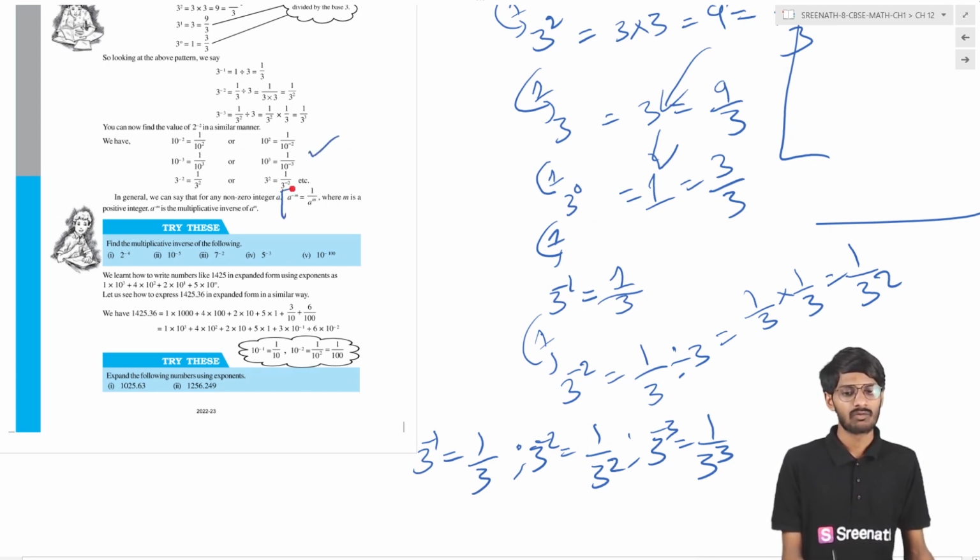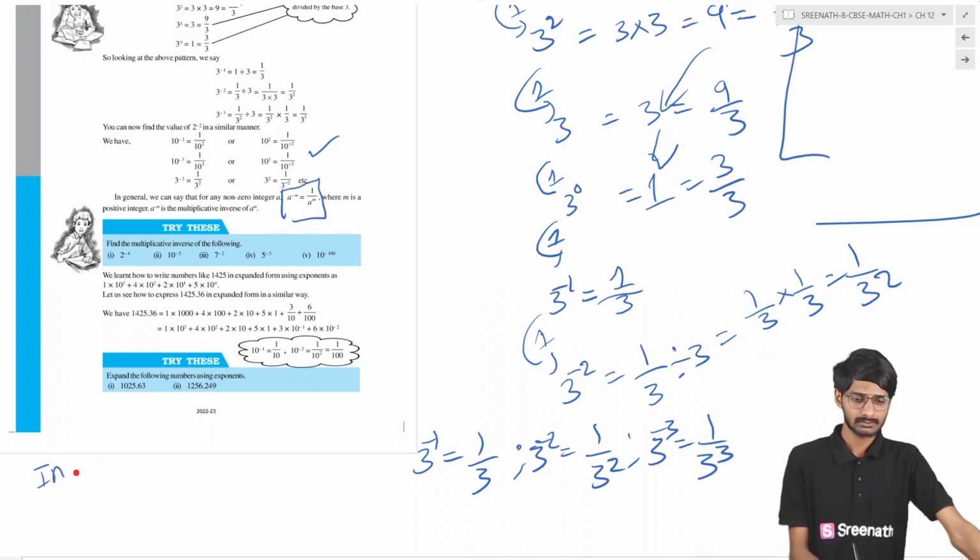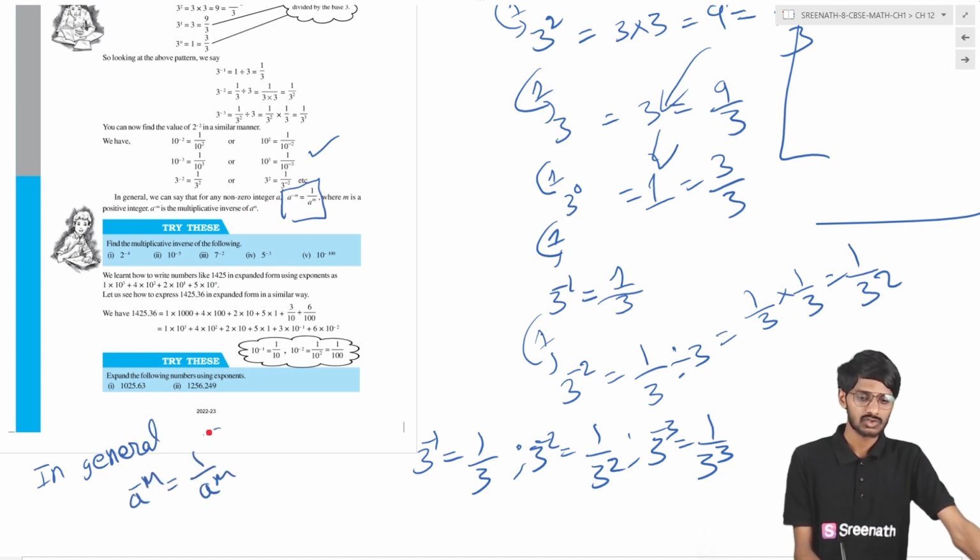So finally, our conclusion is this, students. It is very important. In general, a power minus m equal to 1 by a power m. This is the most important thing, students.